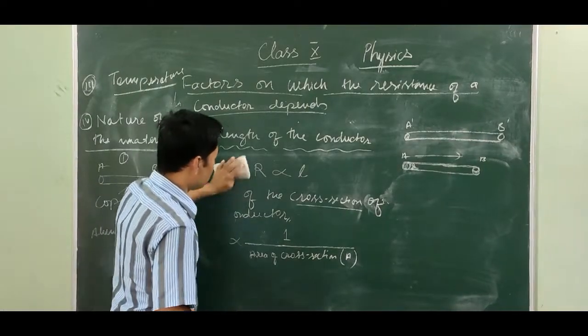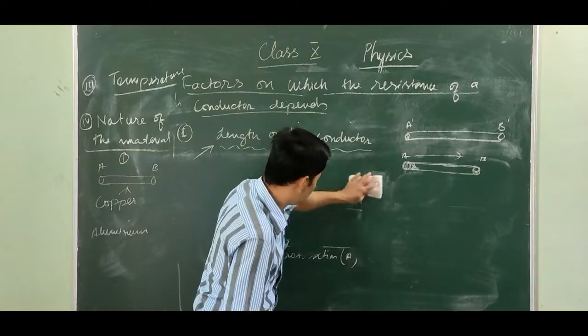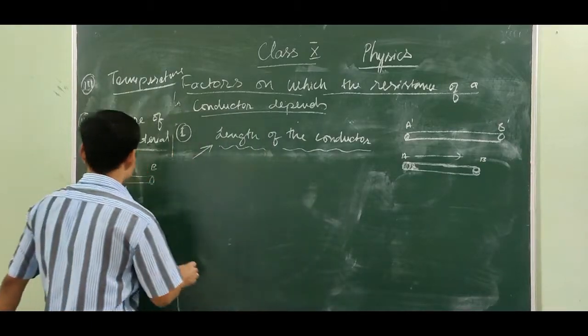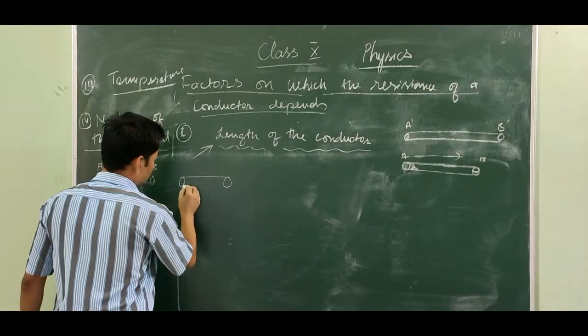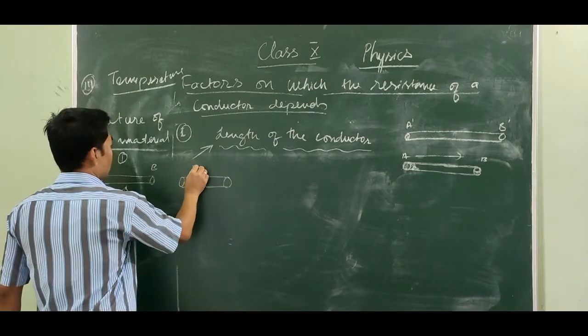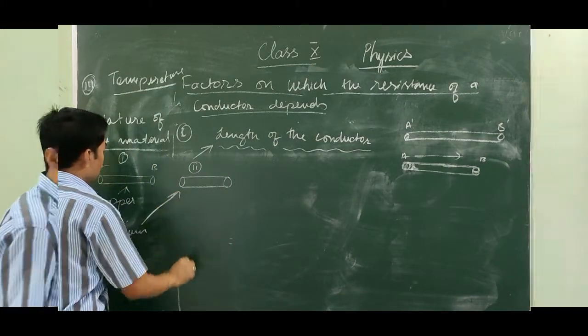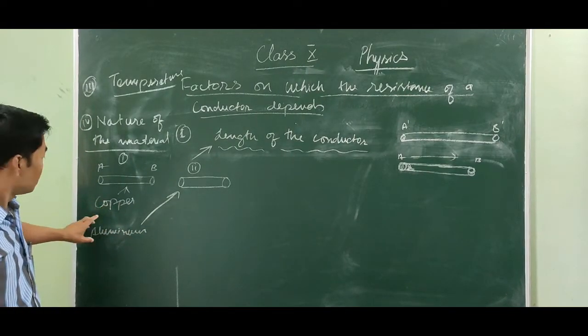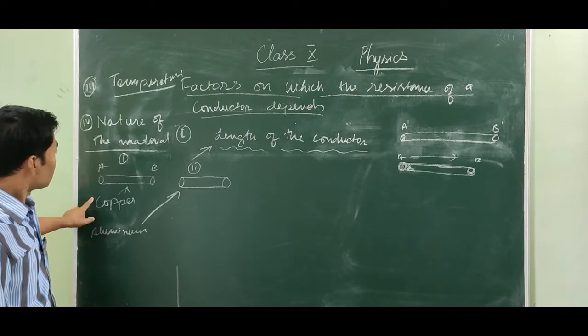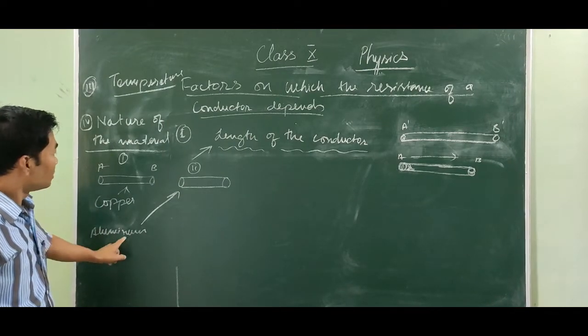Now we have another wire conductor here, conductor 2, which is the aluminum. Two diagrams, two examples: the copper conductor, this one, and the aluminum conductor.